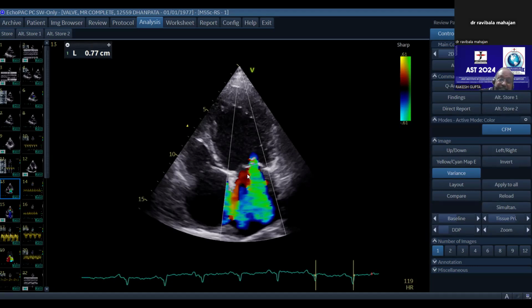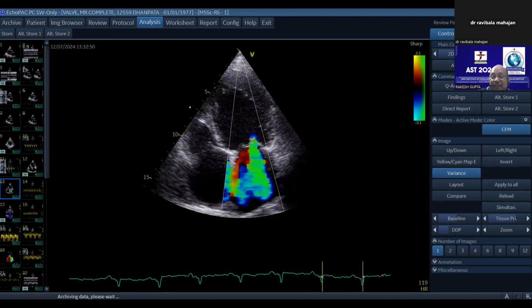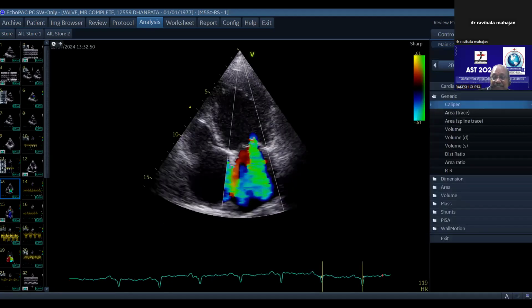If I really have to measure this area, after this question, I'll measure this area like this.